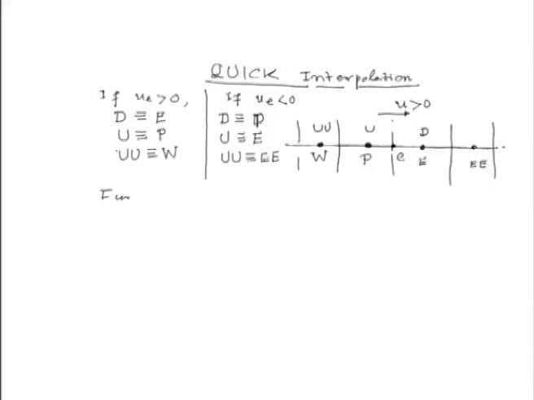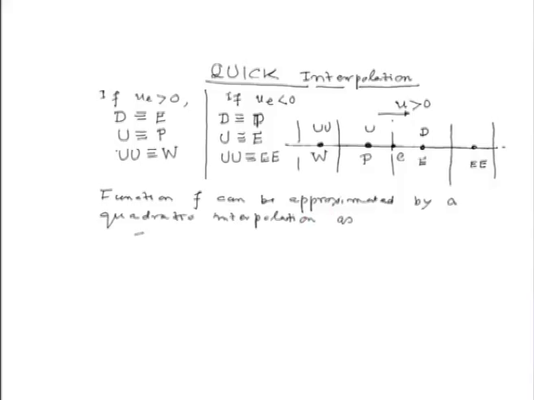So, this function f can be approximated by a quadratic interpolation: f at x is equal to a0 plus a1 times (x minus x_u) plus a2 times (x minus x_u) whole squared.